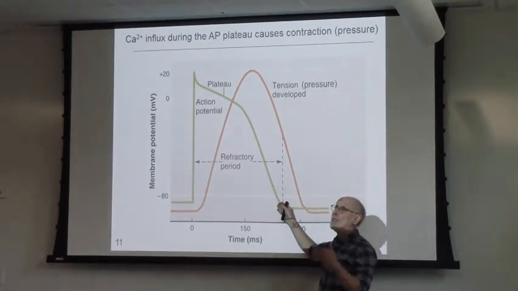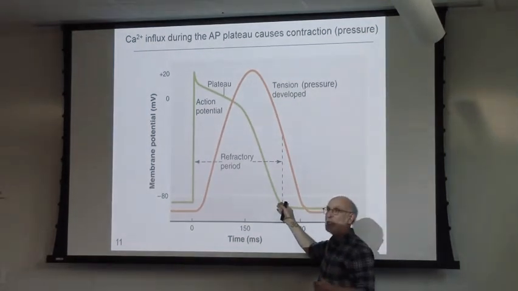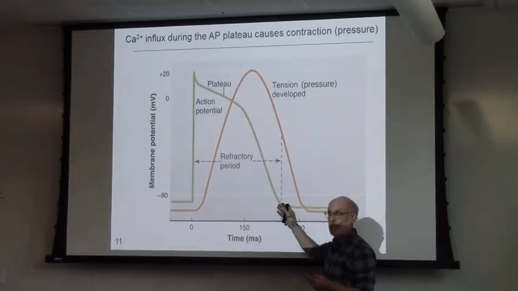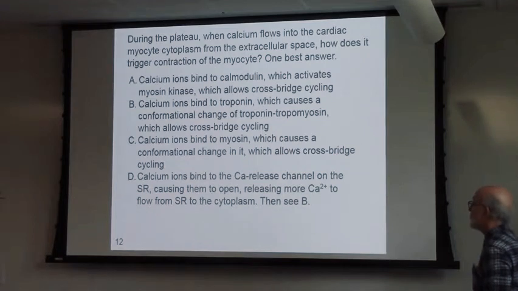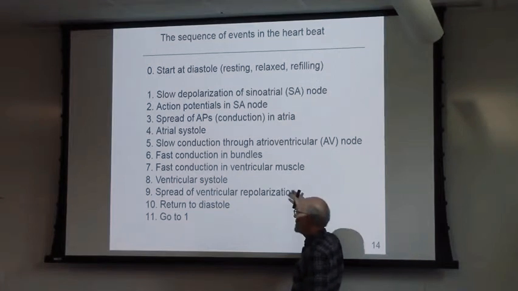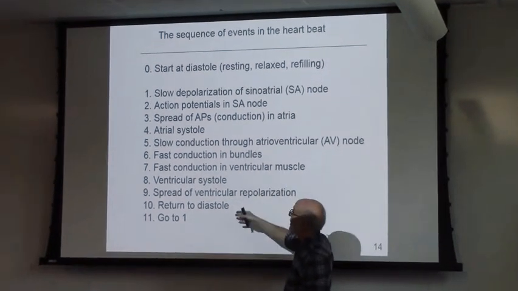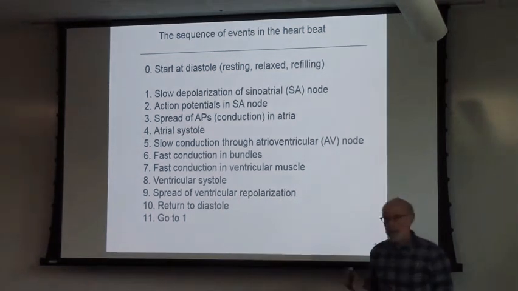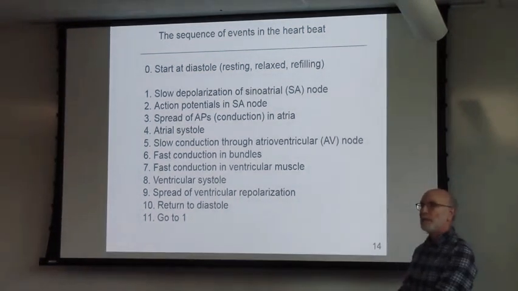Repolarization and calcium pumping by the calcium ATPases, SERCA and PMCA, and NCX, the exchanger, is what triggers relaxation. Clear? Okay. Repolarization, relaxation. We're now back at diastole. Do it again, and again, and again, 60 beats per minute.